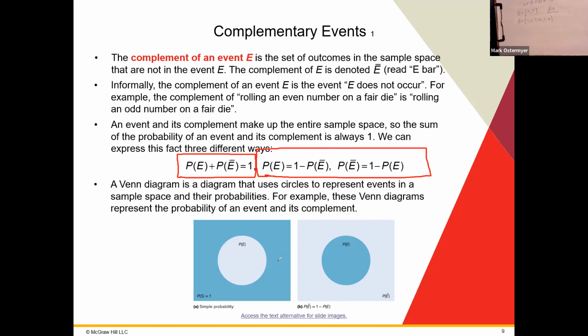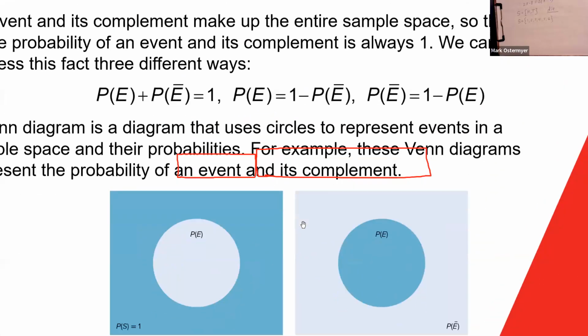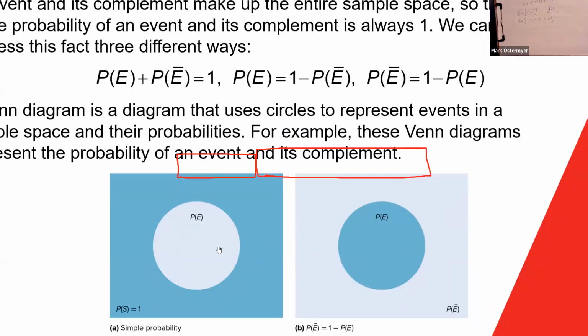A Venn diagram, ladies and gentlemen, from set theory helps us to visualize the relationship between an event and its complement, if you will, and also the probabilities thereof. If you look at this picture to the left here, suppose the probability of event E occurring is represented by the area of this circle, which is in white here.